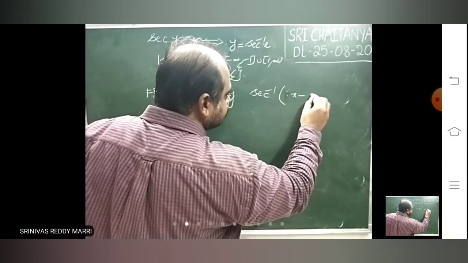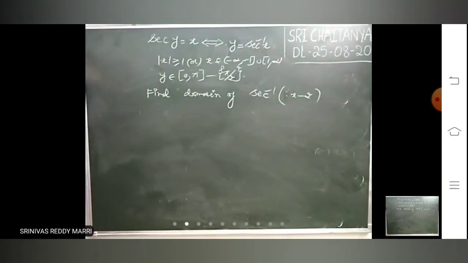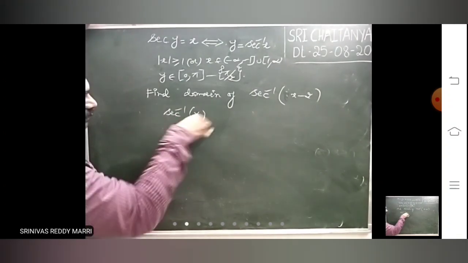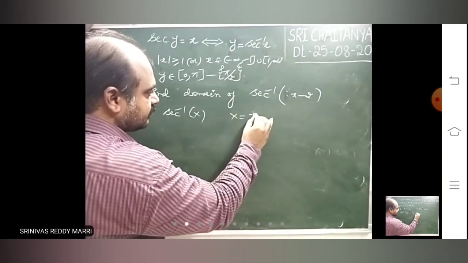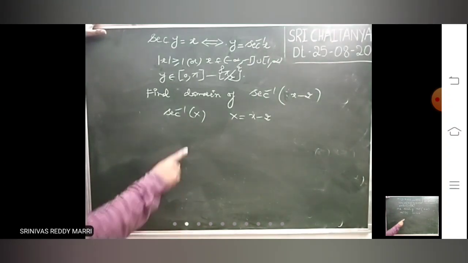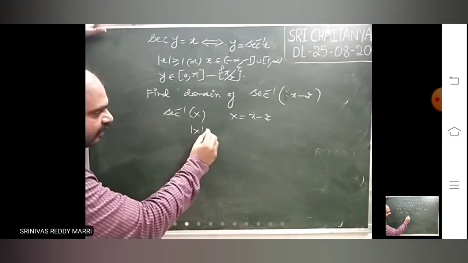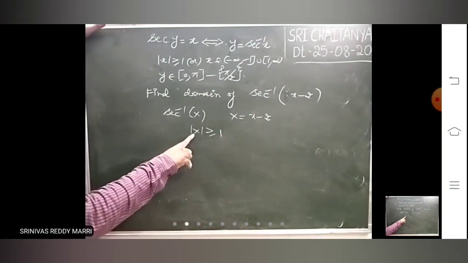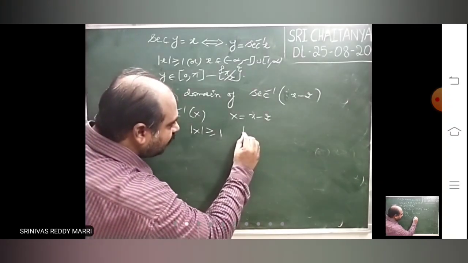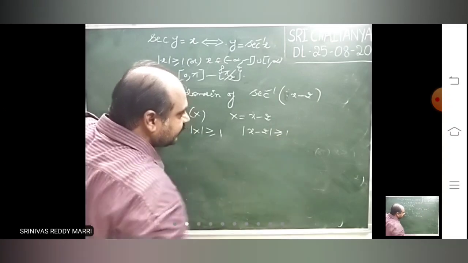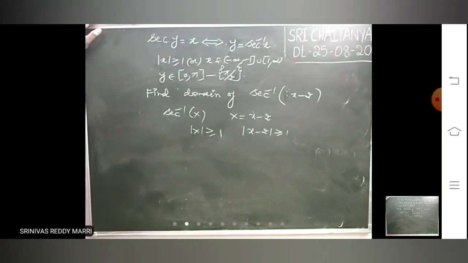Suppose we take secant inverse capital X, where capital X is x minus 2. It will be defined when modulus X is greater than or equal to 1. This is the rule. That means it will be defined when modulus x minus 2 is greater than or equal to 1.